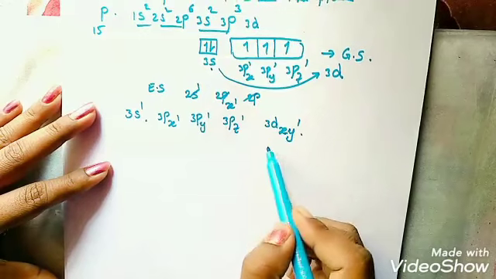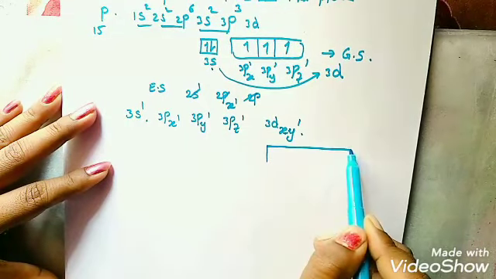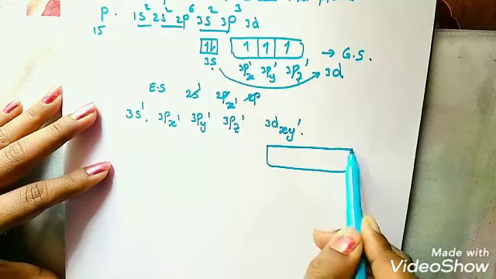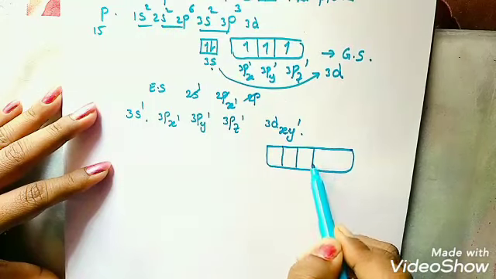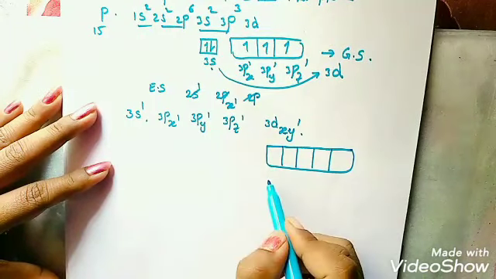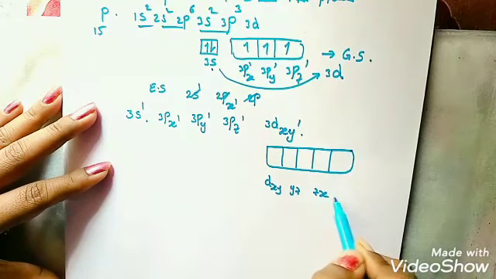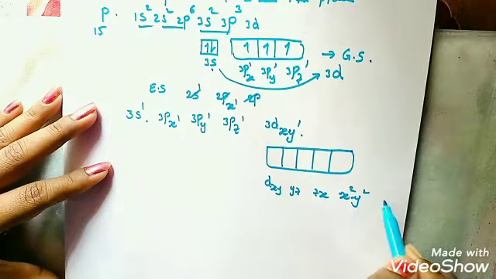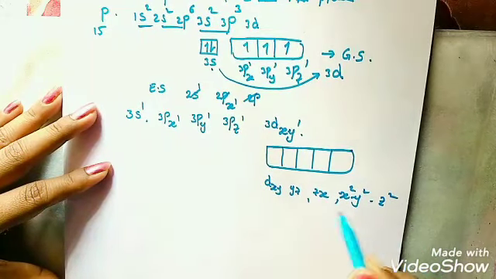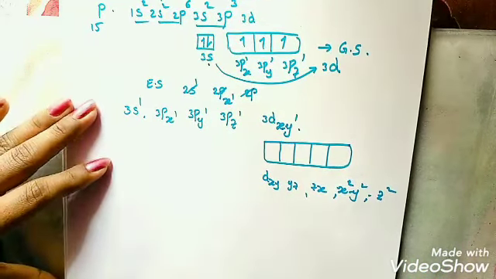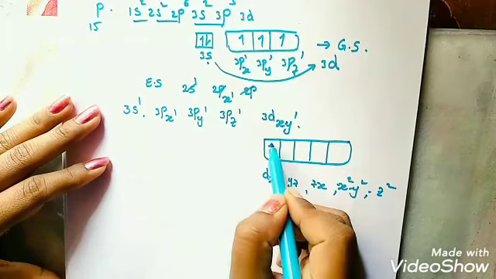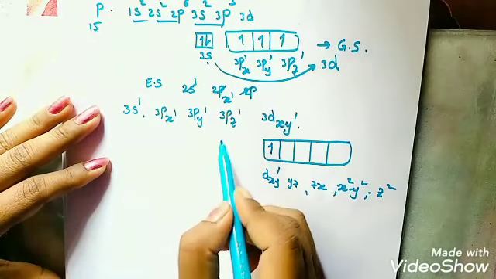Why? Because students, in the d orbital there are 5 degenerate orbitals: dxy, dyz, dzx, dx square minus y square and dz square. So students, this one electron will be added here, dxy1.